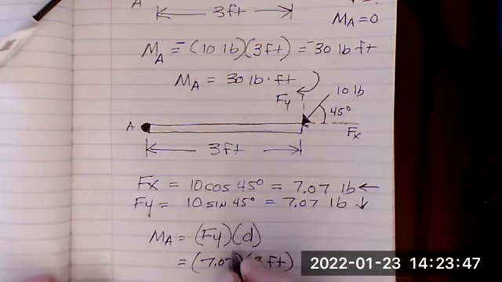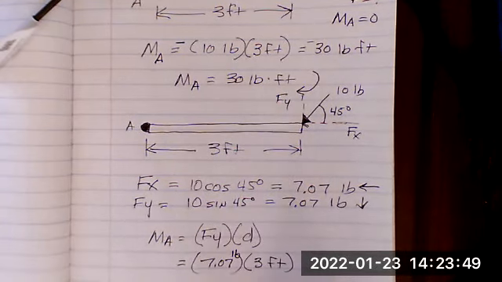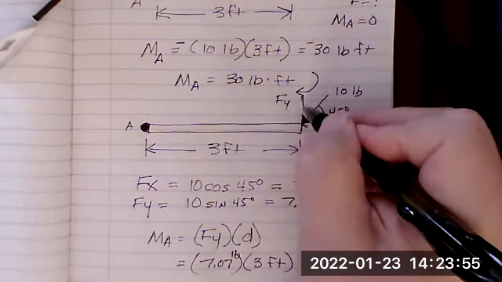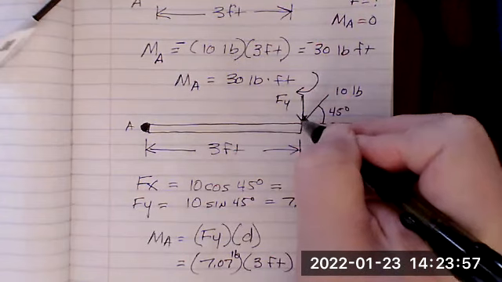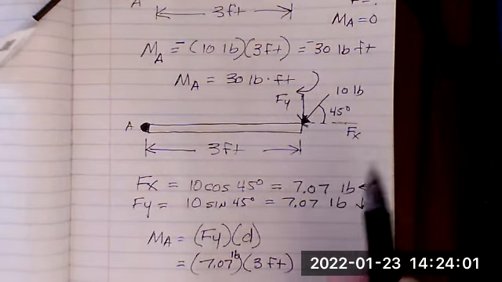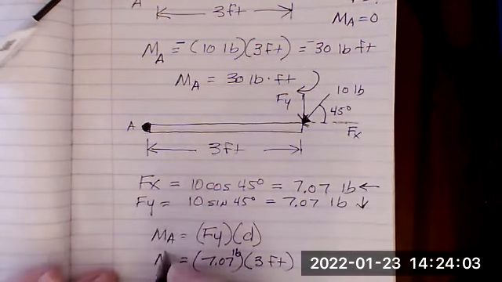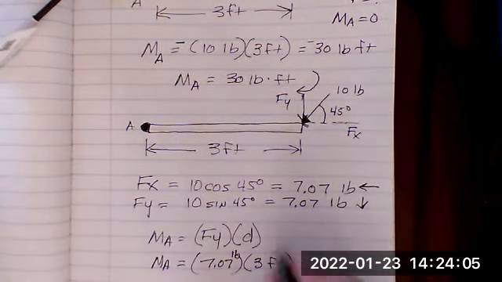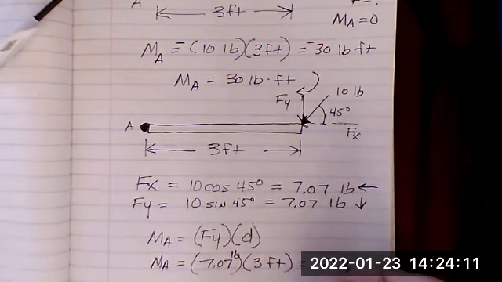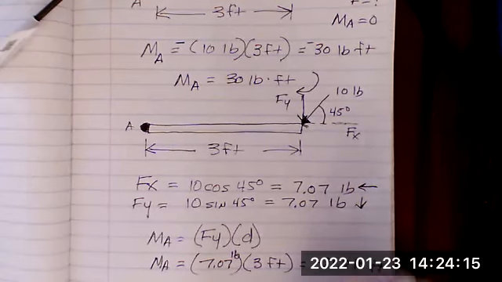Sorry, I should have put the units there. And the vertical component of this vector of 10 pounds is causing a clockwise rotation. Therefore, this is going to equal negative 21.2 pound feet.